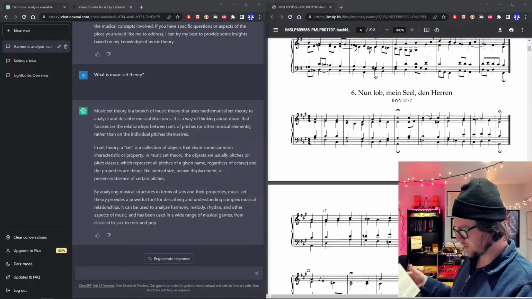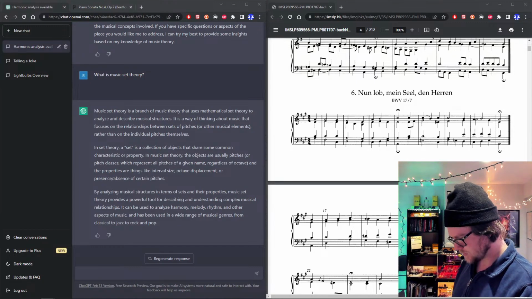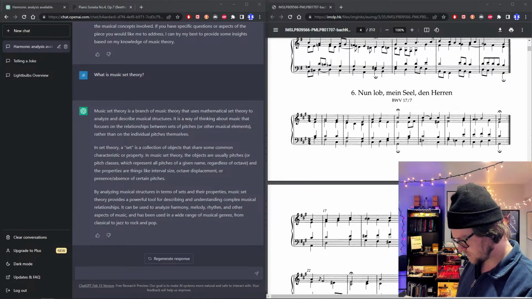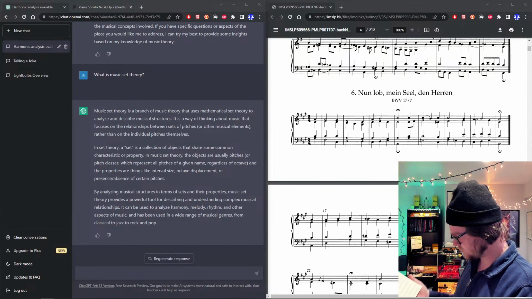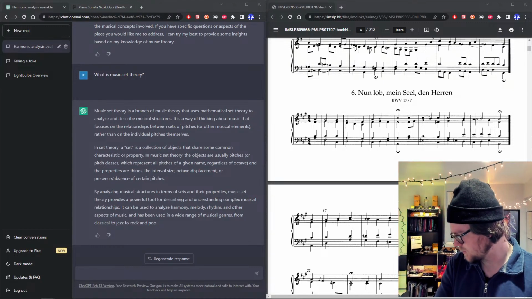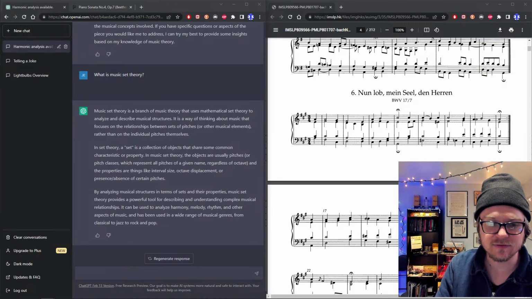Let's see if we can just do two parts just to start off with, and it's following the rules of counterpoint. Okay. Oh, it's all in alto clef. I love alto clef. No one reads alto clef. Okay.